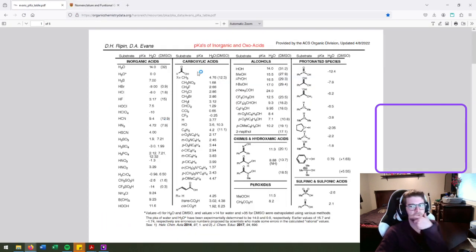What I'm going to do is go to a good old pKa table and just see if there's actually a big difference in the pKa's of those two things.